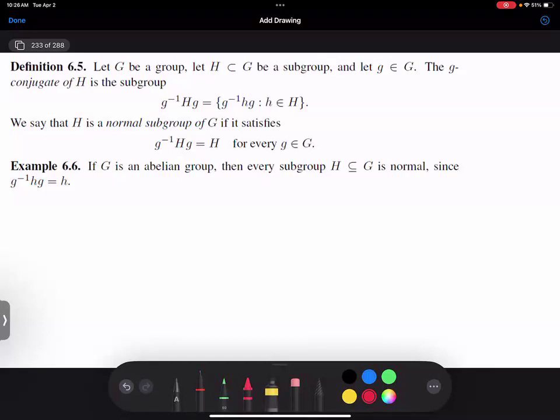So we've got all the g's on one side of the equality. How could you rewrite this? Yeah, so you get gH equals Hg. How could you interpret that?